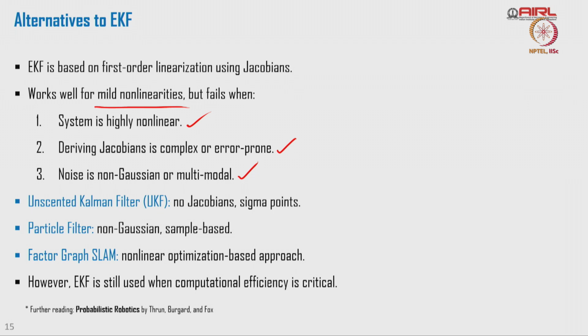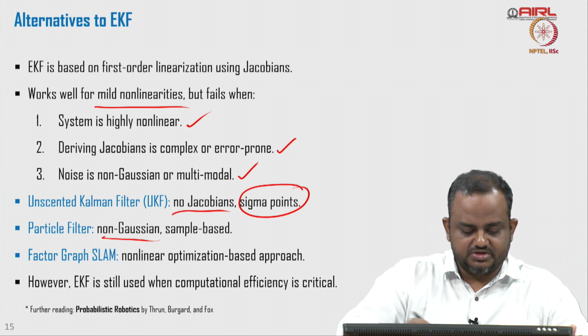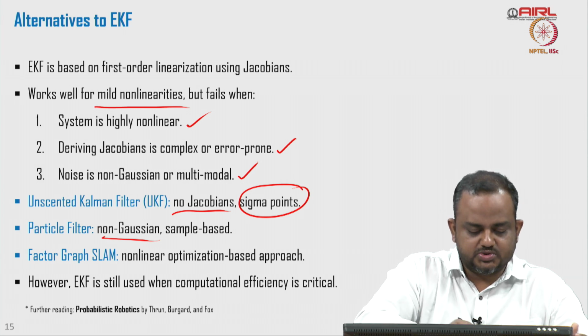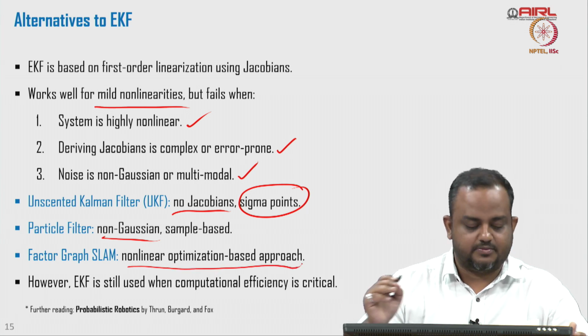To balance these limitations and also handle nonlinear systems, there are other variants called the unscented Kalman filter, where Jacobians are not calculated; what we calculate are called sigma points. There is the particle filter, which can work well for non-Gaussian or multimodal distributions. There is another variant called factor graph SLAM, which is useful because of its nonlinear optimization based approach.